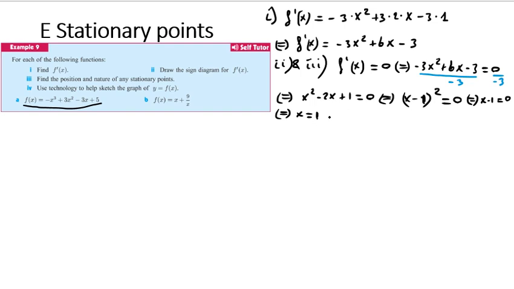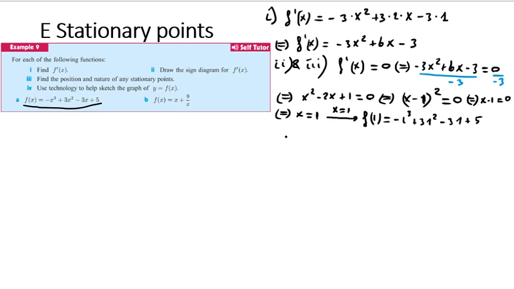To find the y coordinate of the stationary point, we fill that in the function. So we replace the x by 1. So that becomes minus 1 to the power of 3 plus 3 times 1 to the power of 2 minus 3 times 1 plus 5.